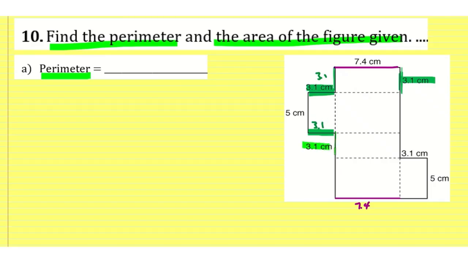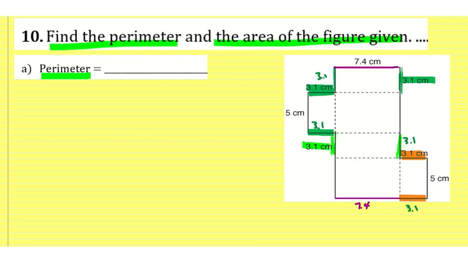This 3.1 is talking about this length, and its matching piece over here is 3.1, but it is not labeled. So let's go ahead and label this piece as well. Okay, and then we also have 3.1 right here, this length right here, and its matching length here is also 3.1. So let's go ahead and label that 3.1.